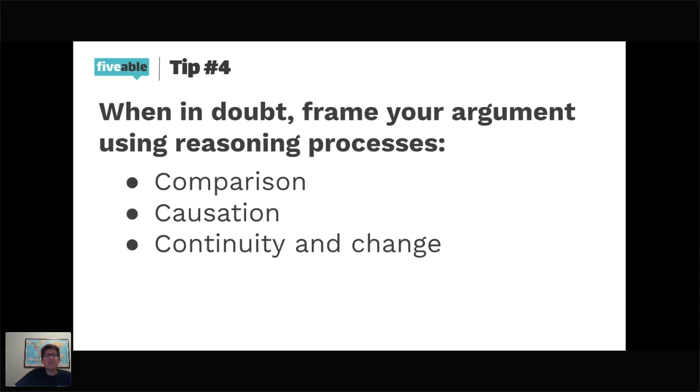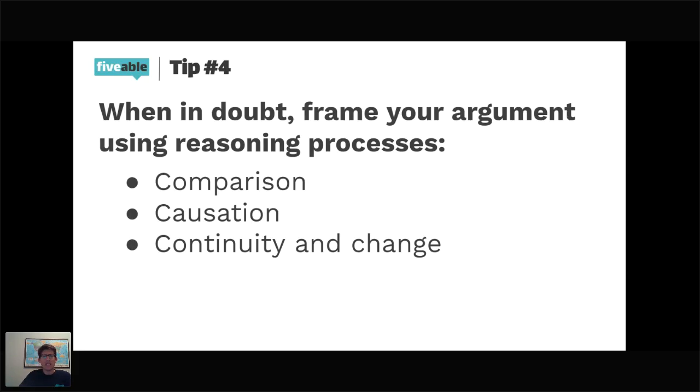We used to call these, I think, historical thinking skills, and they've changed the names. The skills of comparison: how are things similar and different? Causation: what are the cause and effect aspects of it? Continuity and change: what things changed, what things stayed the same? So think about, are the documents displaying any of these? Do we have two or maybe three different ways that the documents respond to the question, and they maybe contrast each other?